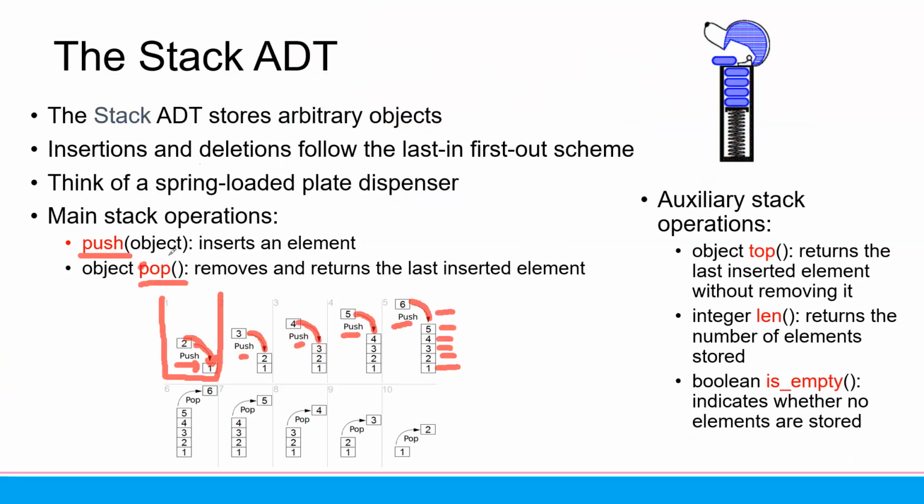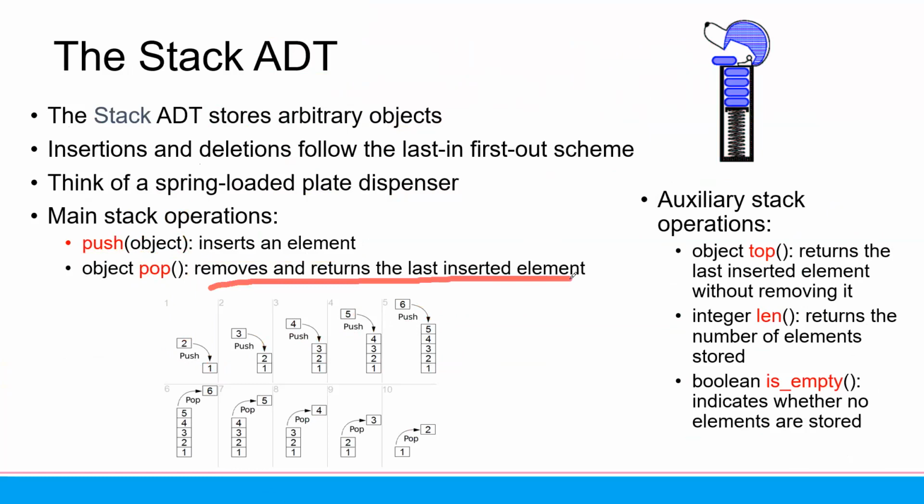Whenever I want to pop, the push object means I would like to push a particular object, so it means I want to insert an element. If I pop it, then it means I would like to remove and return the last inserted element.